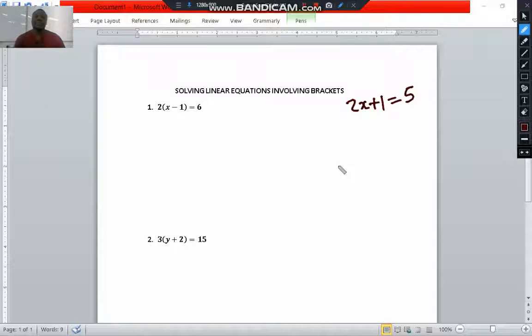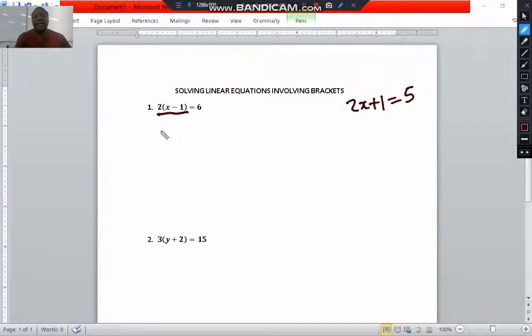So the secret is one and the same as what we were doing yesterday. There's only one thing that is different. When you've got brackets like this, let me just underline that.